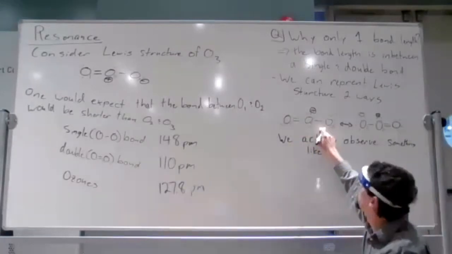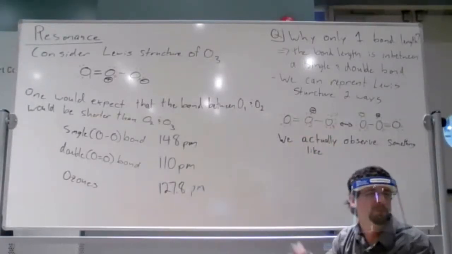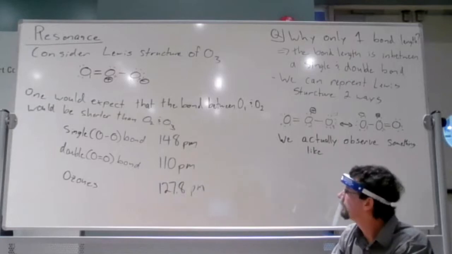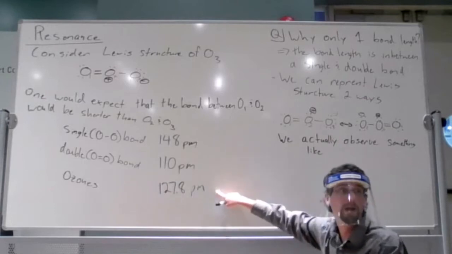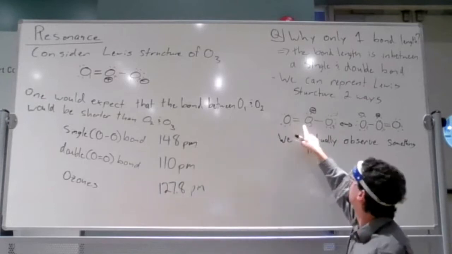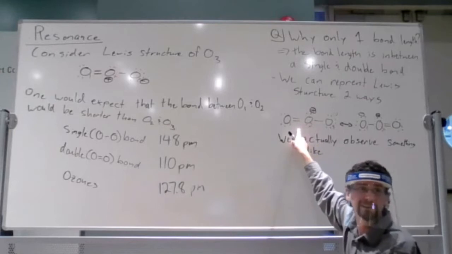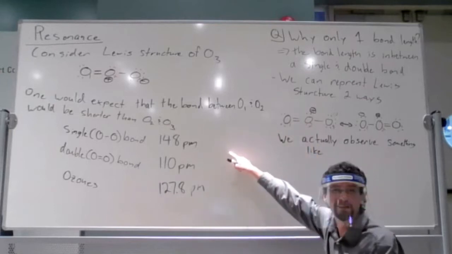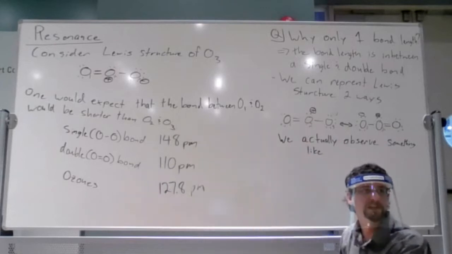Or do we want a double bond between 2 and 3? Do we really even want a double bond? Well, are we as short as a double bond? No. Then do we want a single bond between these guys? Well, we're not really the length of a single bond, right? So what would you suggest to do?